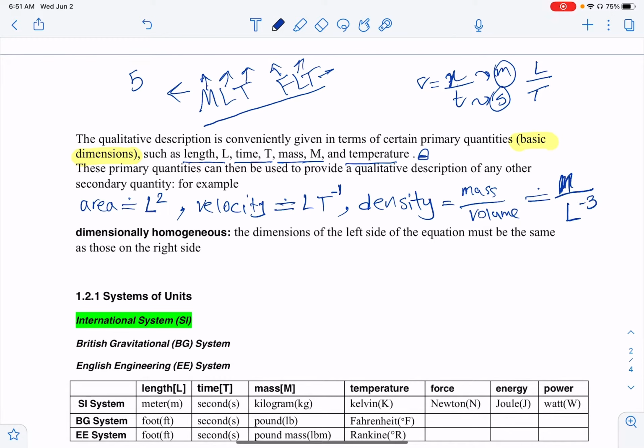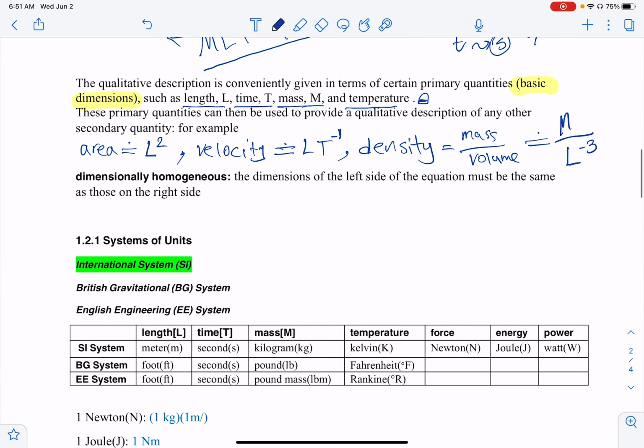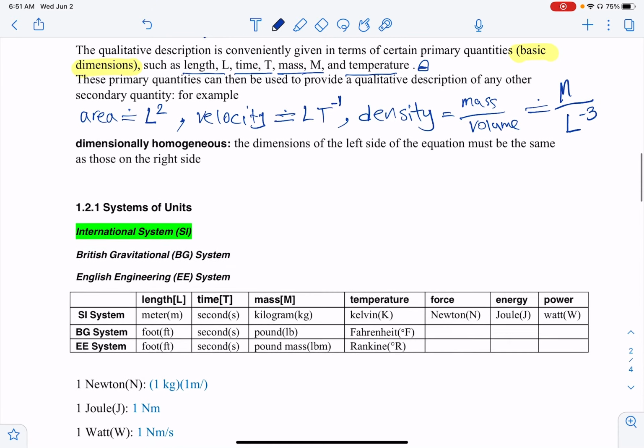So just be careful about this. Just try to learn it, because we're going to use it in chapter 5. I'm going to teach it from scratch in chapter 5, so it's okay.